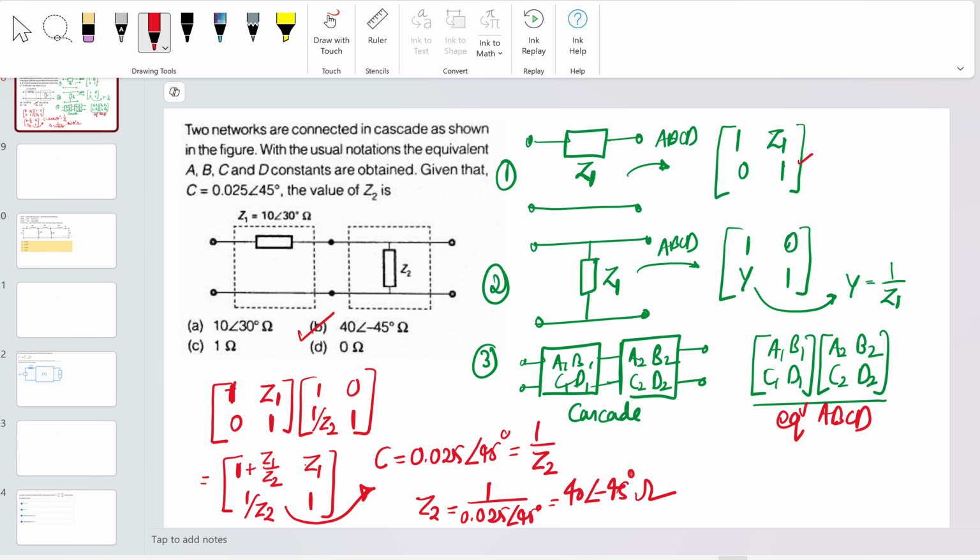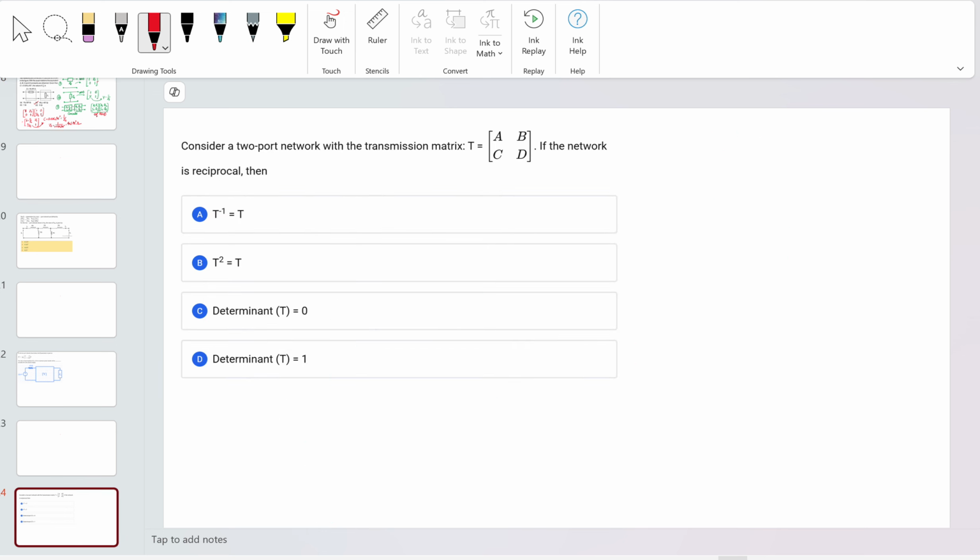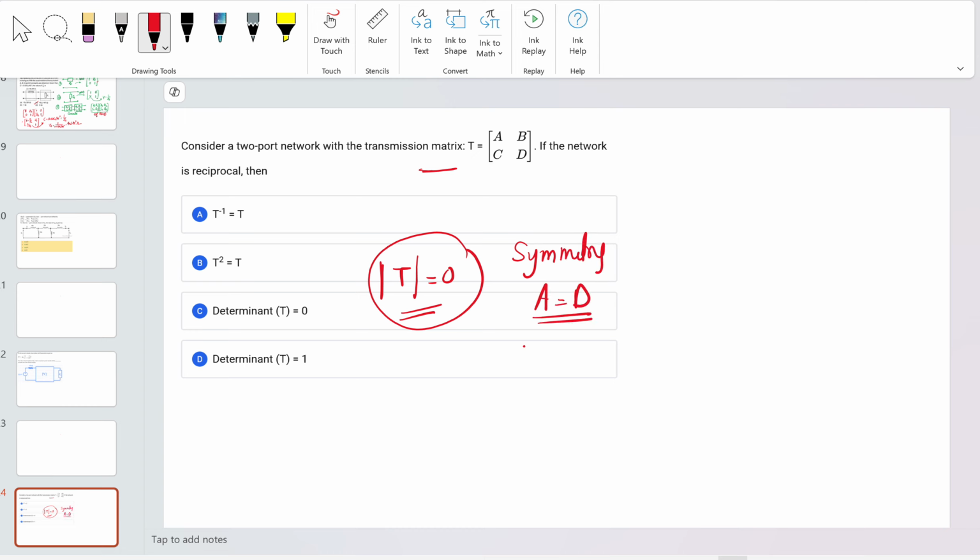Let's solve another set of problems. This one is actually statement based. For a reciprocal network, the determinant of T is equal to 1. And if it is symmetric, for the T matrix, A is equal to D. The determinant of T, meaning of A, B, C, D, is AD minus BC.